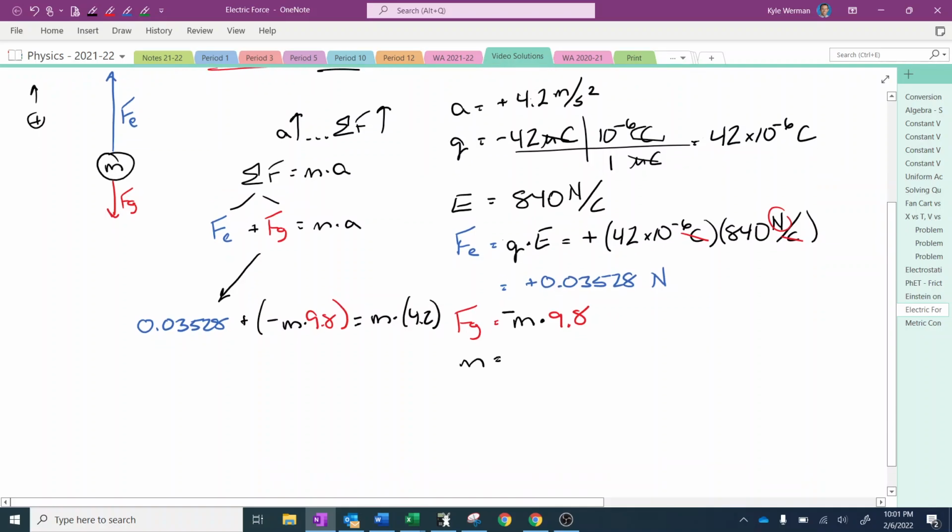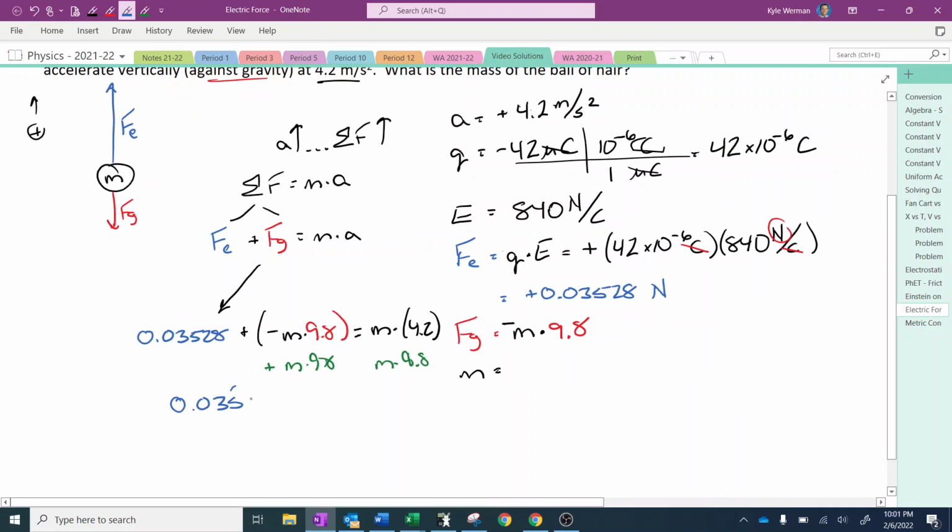And if you notice, now I have one equation with only one unknown variable, m, and I can isolate that. So I'm going to do a little bit of algebra right here. I'm going to add that m times 9.8 to both sides. And notice those are like terms: I have m times 9.8 and m times 4.2. And so what I have left on the left side of my equation is 0.03528 is equal to, and now I'm adding 9.8 and 4.2.